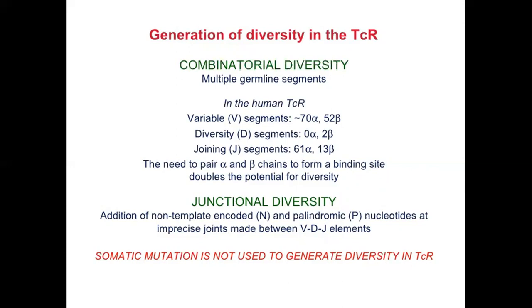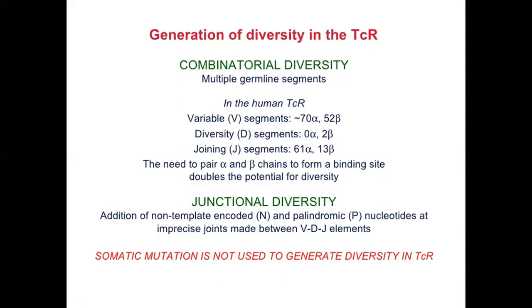Here also same, but the only change is that somatic hypermutation does not happen in the TCR. Somatic mutation is not used to generate the diversity in TCR. Okay, so except this one, all other processes are same. That is combinatorial diversity, junctional diversity, addition of P nucleotides and N nucleotides. So all these are same.